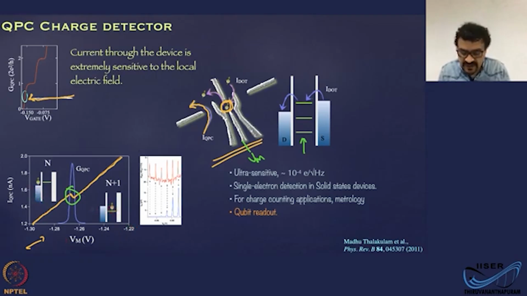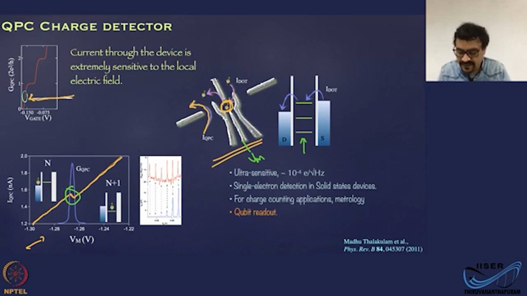When you sweep this, at some point the electron will jump out, and that event will be captured by the QPC. The small change in the current, or the peak in the conductance, is telling you that an electron tunneling event has happened.